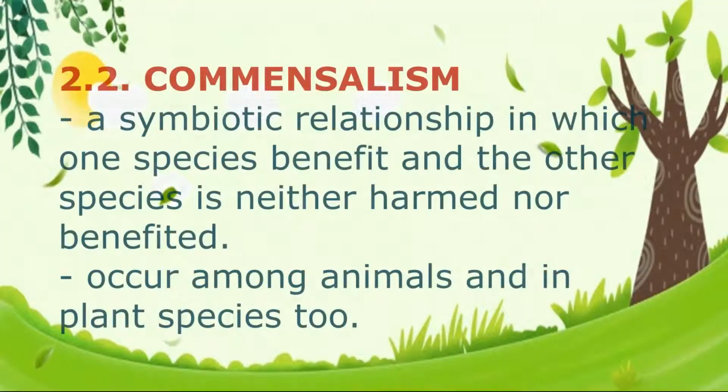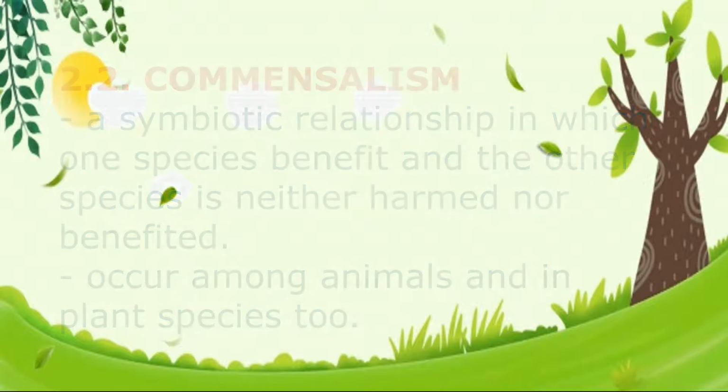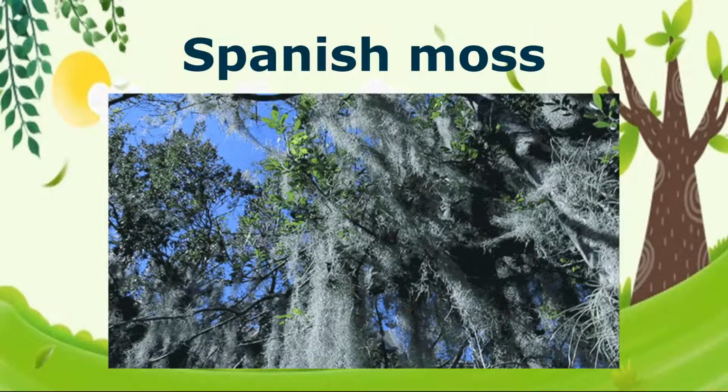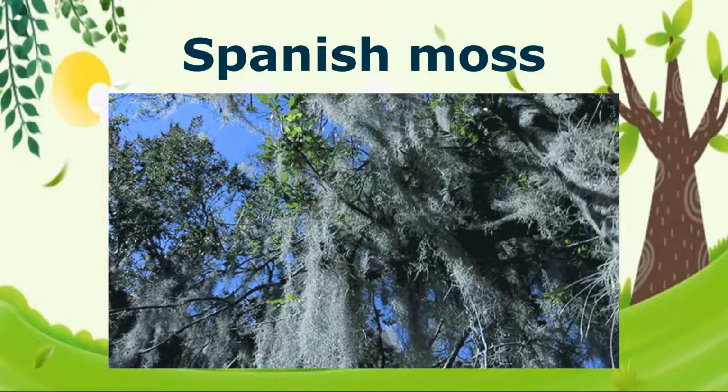Second is commensalism. Commensalism is a symbiotic relationship in which one species benefits and the other species is neither harmed nor benefited. Commensal relationships occur among animals and in plant species too. For example, Spanish moss is a kind of flowering plant that drops itself on the branches of trees.